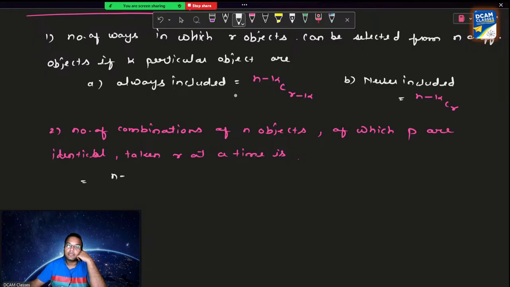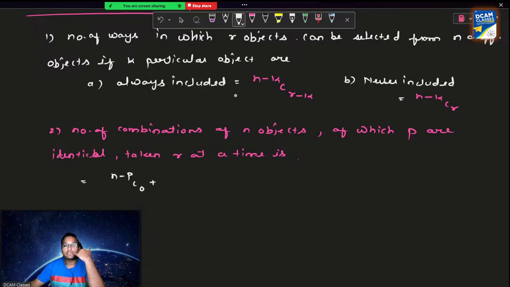n minus p. Either we can not select even one object, because it's up to us. We can do no selections from n minus p, we can do r selections from n minus p, or one selection from n minus p. It's up to us.